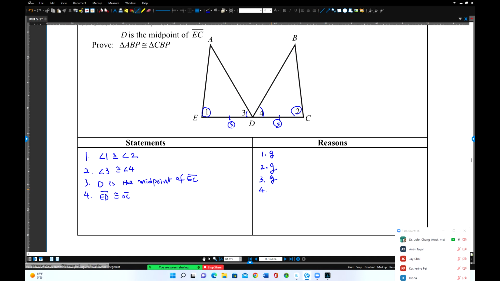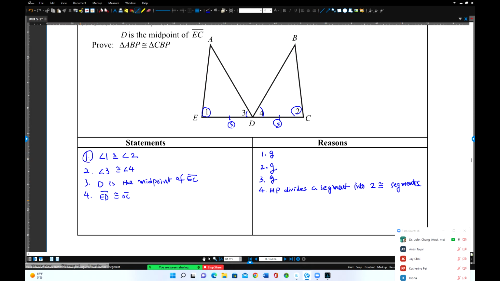The reason is midpoint. A midpoint divides a segment into two congruent segments. Done.